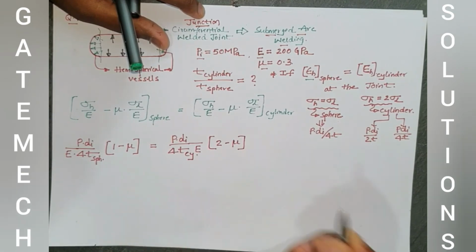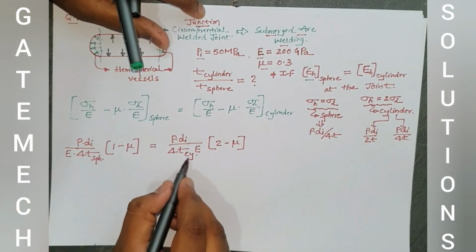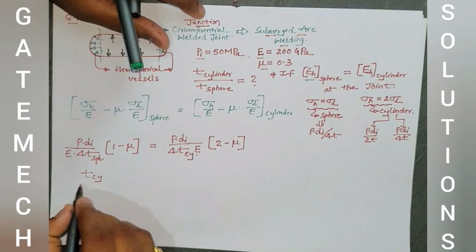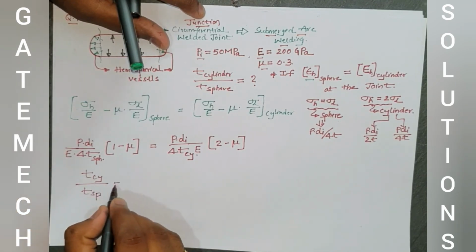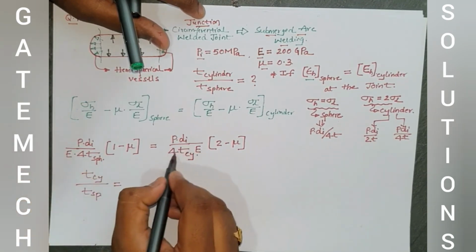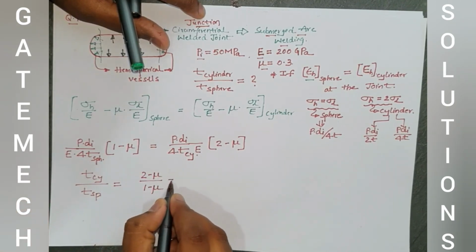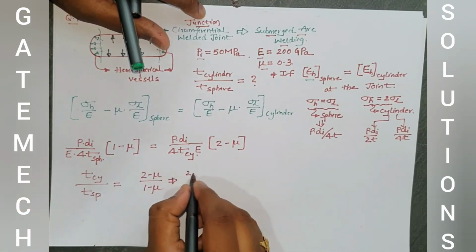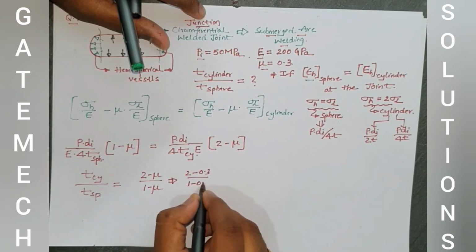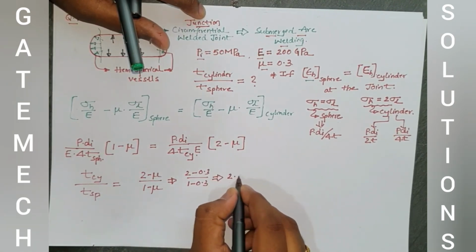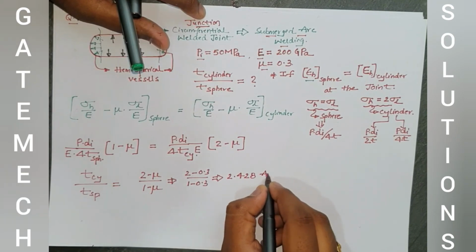Now take the thickness of the cylinder on this side divided by thickness of the sphere. That is exactly equal to, PD by 4E gets cancelled out, 2 minus mu divided by 1 minus mu. In the question mu was given directly: 2 minus 0.3 divided by 1 minus 0.3. Then you will get the answer as 2.428. This is the correct answer for this question.